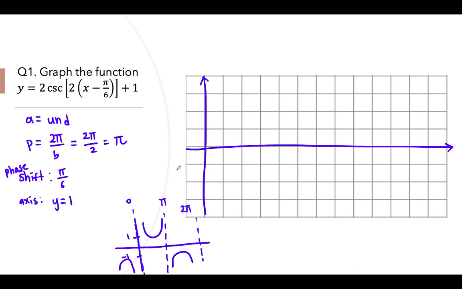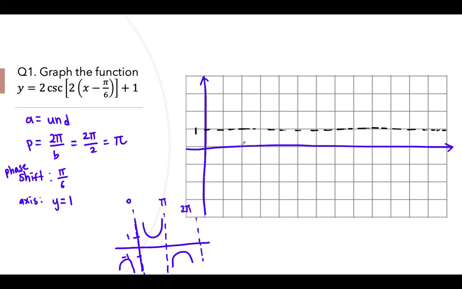First, let's label. I'm going to do it in a different color, so let's do it in black. Let's label the equation of axis, which is at 1. Then we have a period. The whole cycle is going to happen at pi.